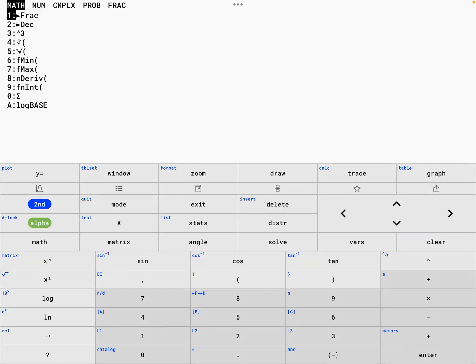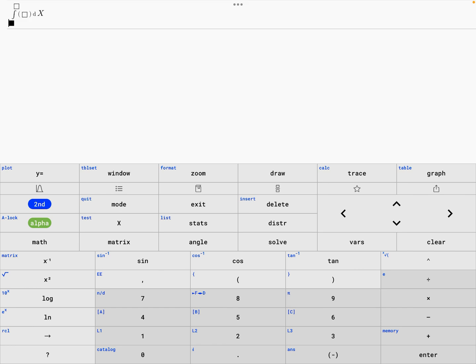So I'm going to go to math, option number 9. We're doing the integral from 1 to 4, and then we're going to do 1 divided by x, and then that's going to be e raised to the negative x, and then we're going to have, goodness sakes, cosine of x divided by 100.